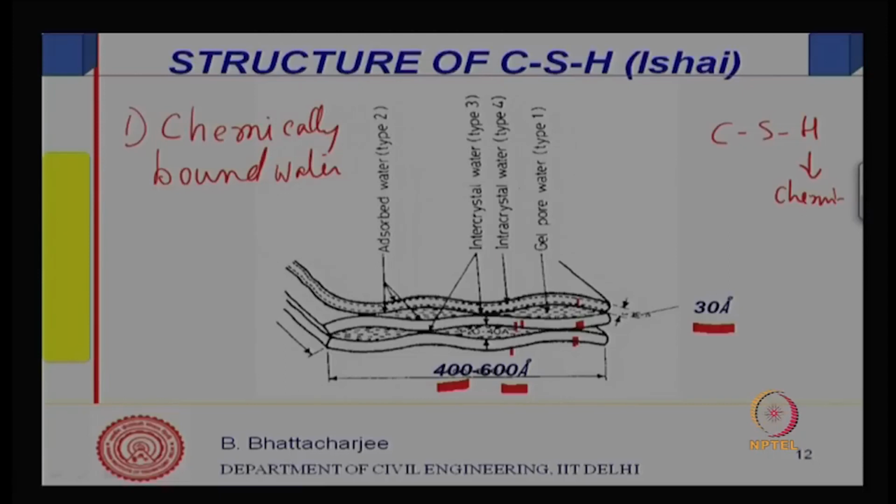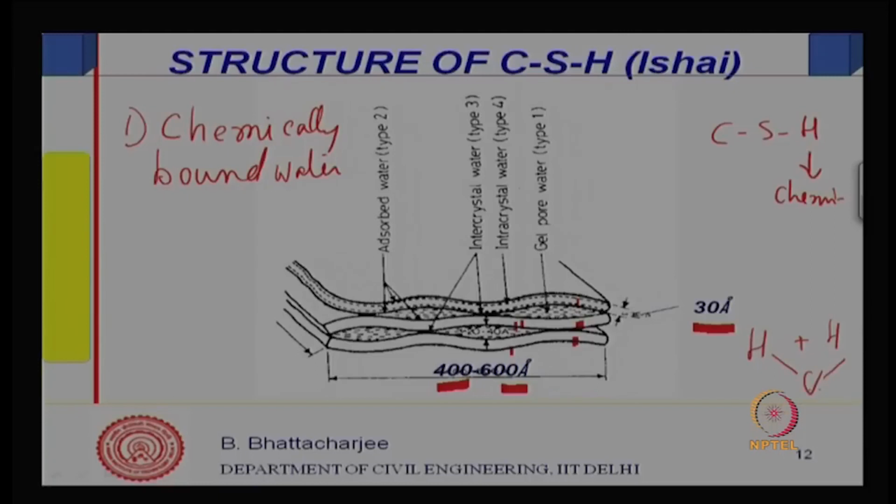Then besides that, since the surfaces can have intermolecular forces, there may be polarities. Water, being H2O, is a polar liquid, it has a dipole. So, the center of positive charge and negative charge may not be at the same point, they may not be coinciding.